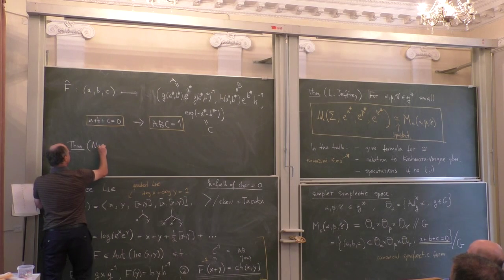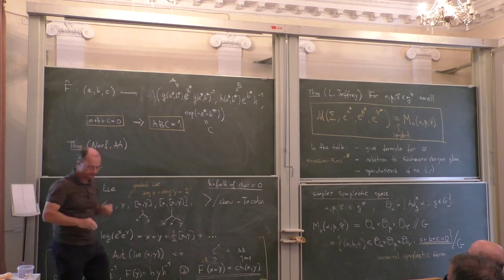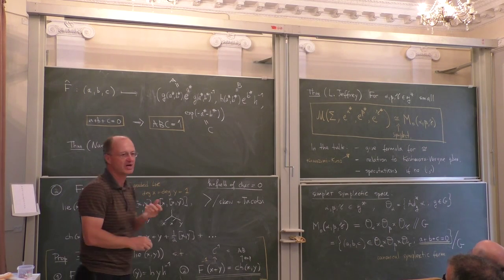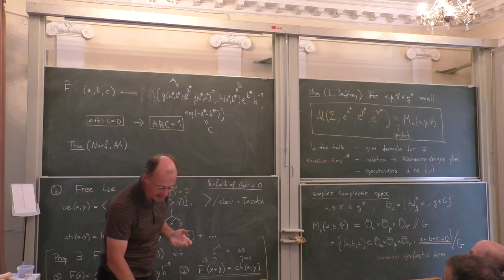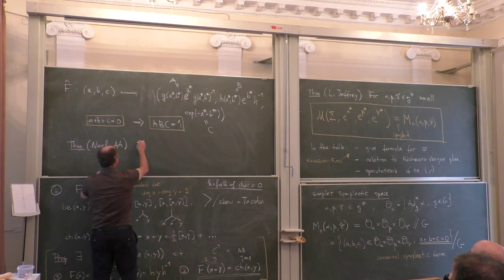Now, theorem. And I must say I'm a little bit on purpose hiding from you the symplectic aspect of all that, but okay, now we have to rediscuss it a little bit.